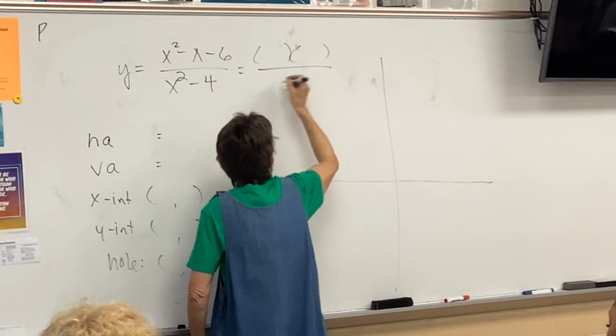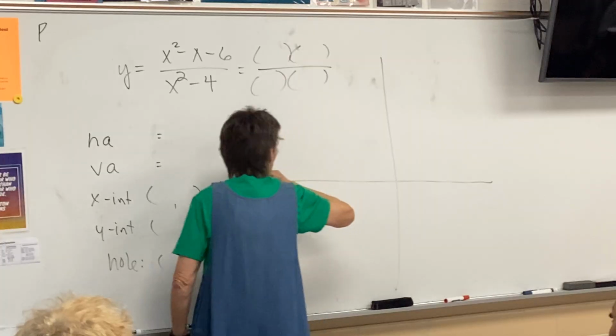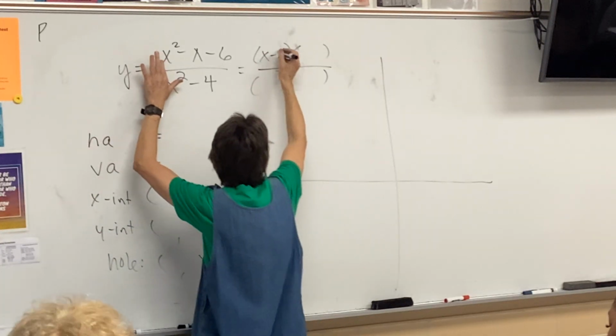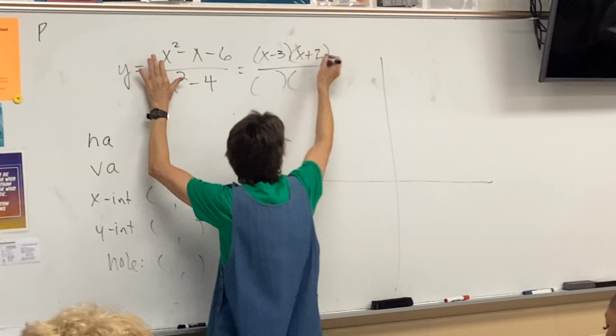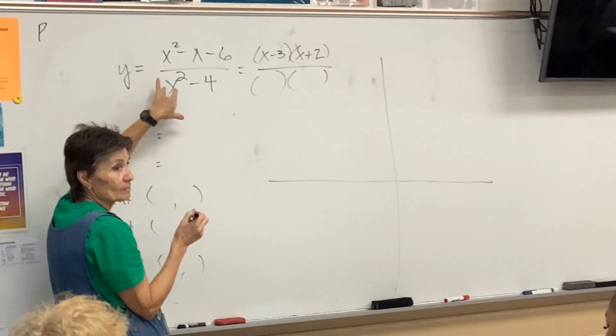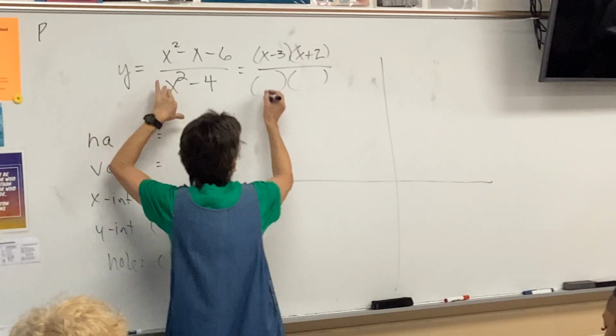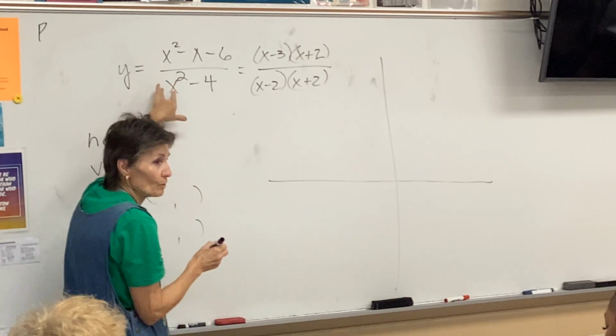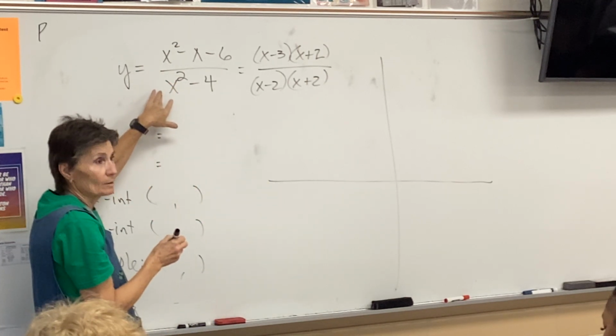So how does it factor? Minus 3 plus 2. And then minus 2 plus 2, either order, right?